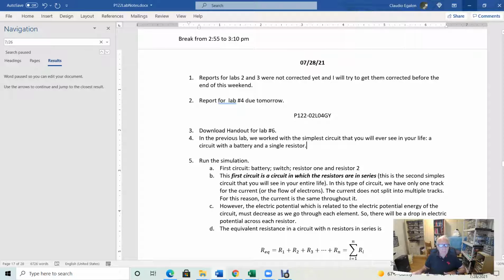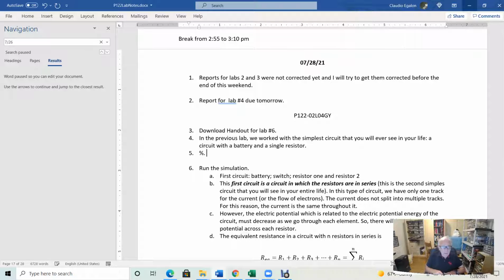In today's lab, we will work with a circuit in the next level of difficulty.